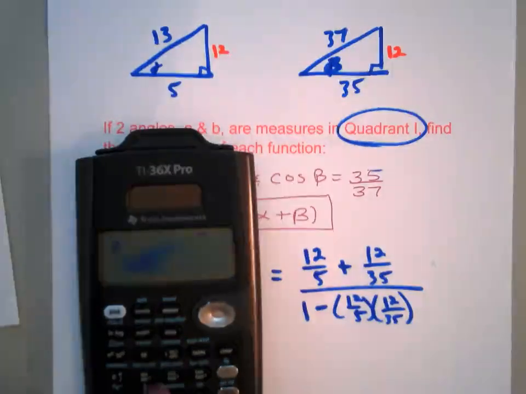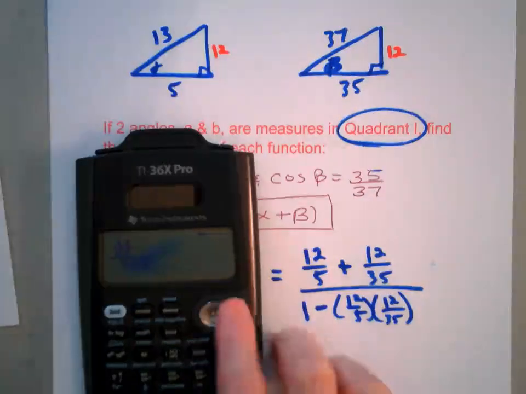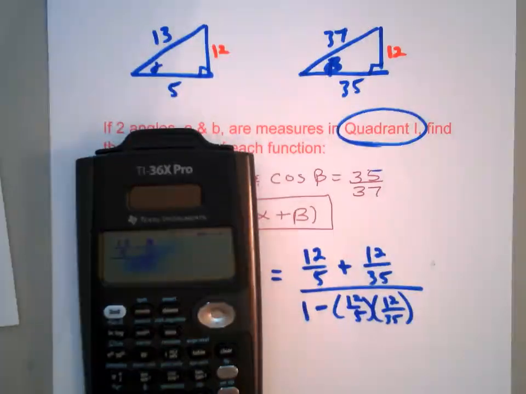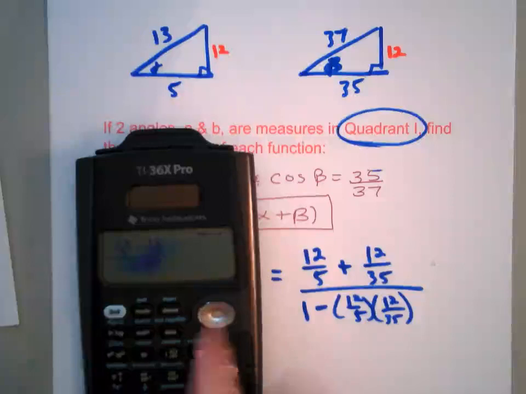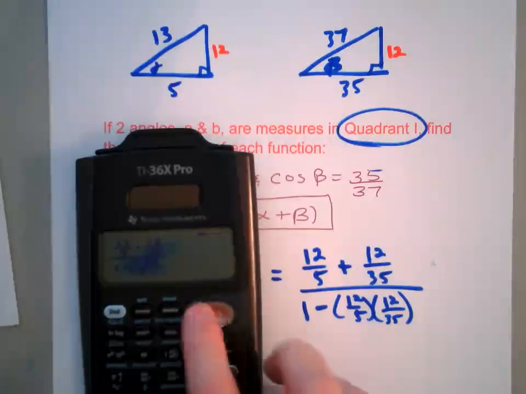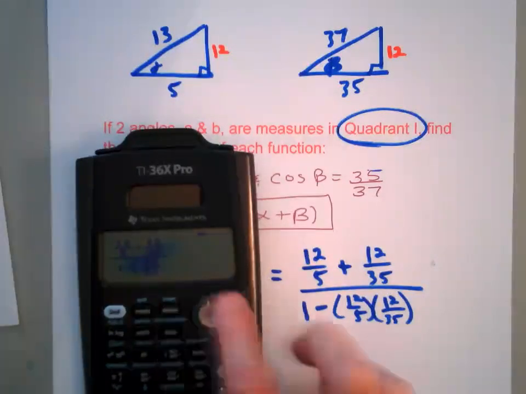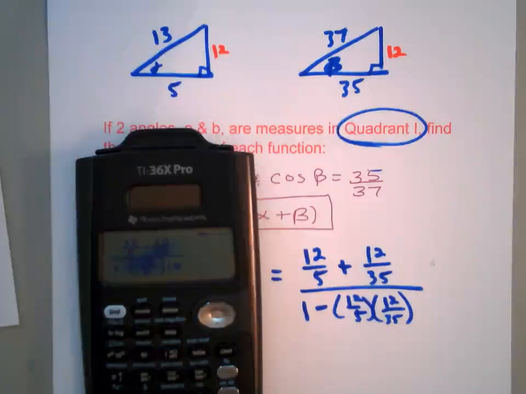Alright, so fraction on top of a fraction there. 12 over 5 plus 12 over 35. 1 minus fraction 12 fifths. Oops. Oh, I just hit clear.